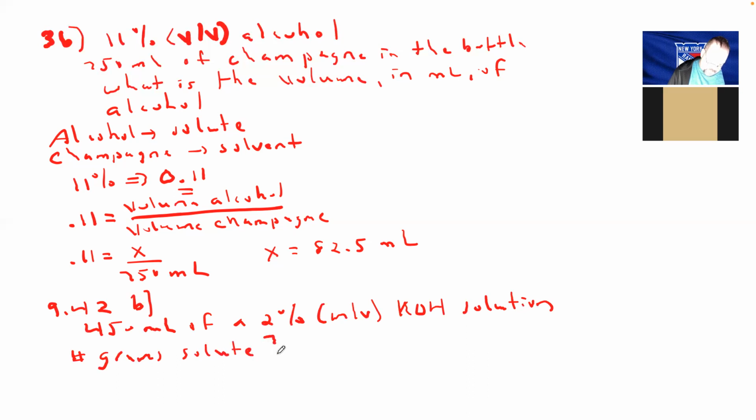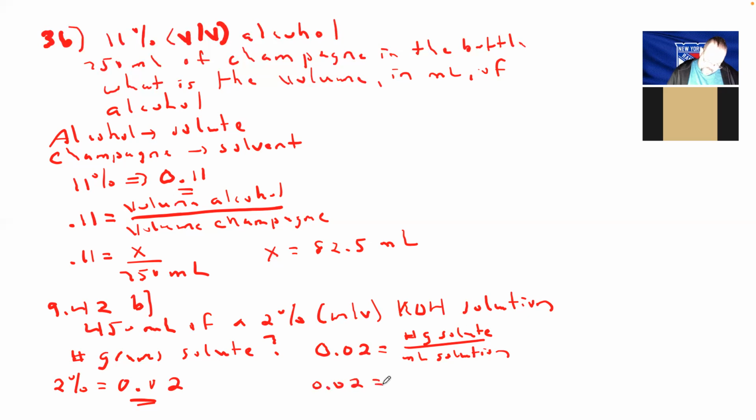of solute. Okay. So again, the first thing I would do is take the 2% and divide that by 100 to convert it to a decimal. So that would be 0.02. So the 0.02 would be equal to the number of grams of solute over the milliliters of solution, which in this case leads us to 0.02 is equal to X over 450 milliliters.